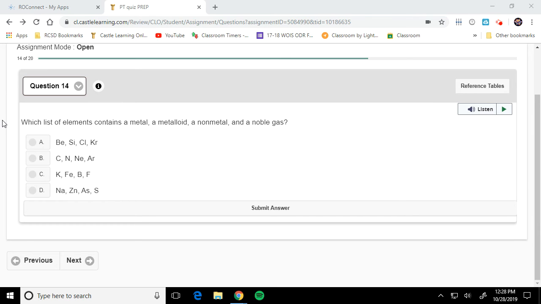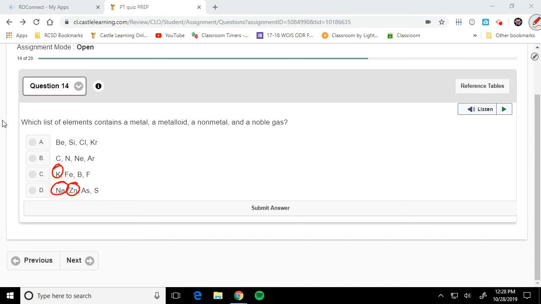Which list of elements contains a metal, a metalloid, a nonmetal, and a noble gas? Oh my goodness. Okay, so let's do metals in red. Metals are left of the staircase. Na, Zn. As is a metalloid.